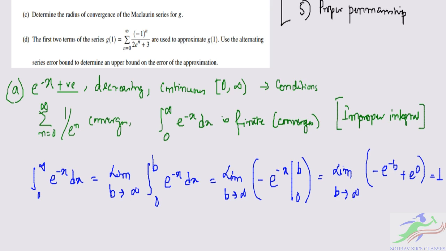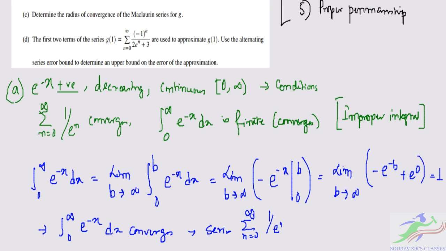Because here you can see the integral, 0 to infinity e to the power minus x dx, is converging, we can say that the series summation of n equal to 0 to infinity 1 by e to the power n also converges.